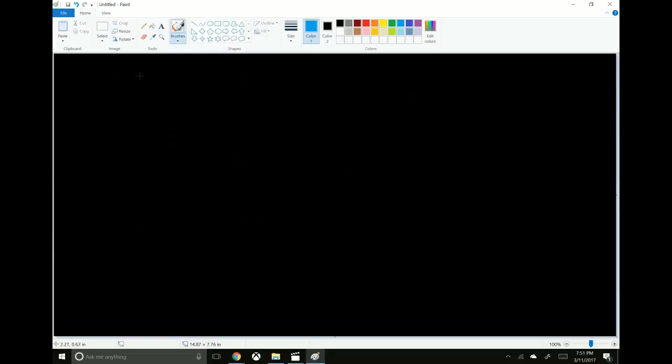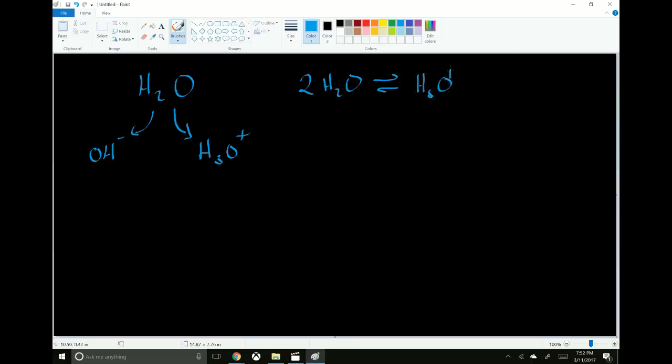Water is amphoteric, meaning that it can be either a base or an acid, OH minus versus H3O plus. And it is also a self-ionizing substance, meaning that two water molecules can react to produce H3O plus and OH minus.